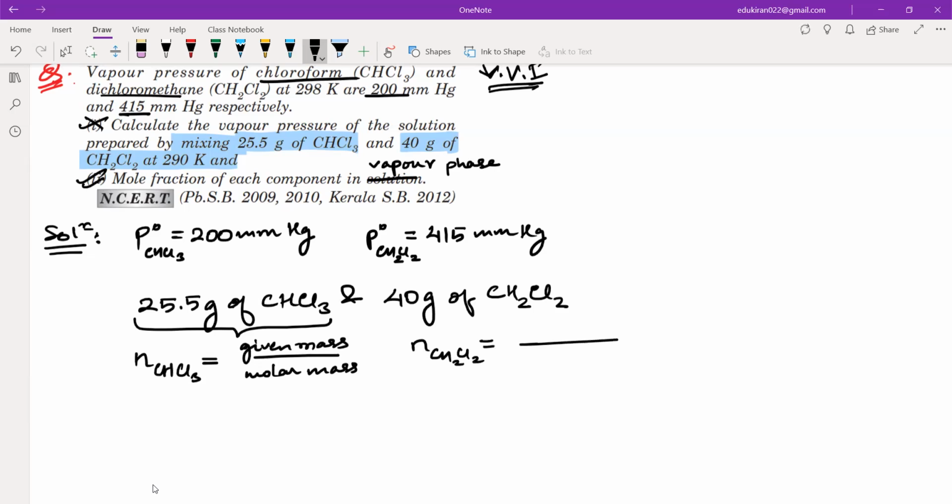This will also be the same thing, given mass divided by molar mass. So what is the given mass for CHCl3? Tell me, guys. 25.5 grams. The molar mass will be equal to how much?